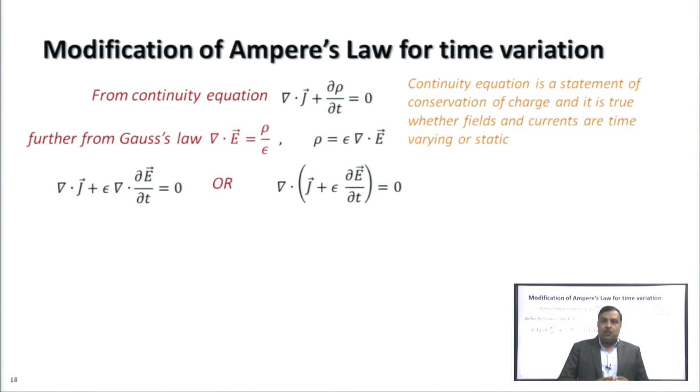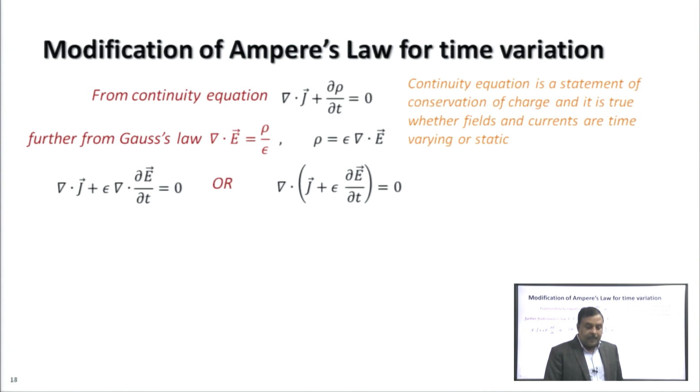The continuity equation is true always in all the cases, whether currents, charge densities, electric and magnetic fields are time varying or static. So, del dot bracket J plus epsilon delta E by delta t is always 0, whether fields and currents are time varying or not.